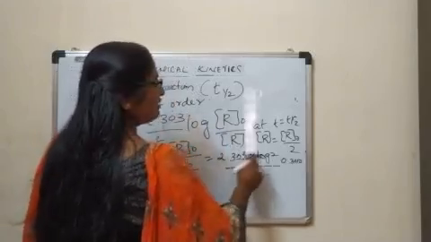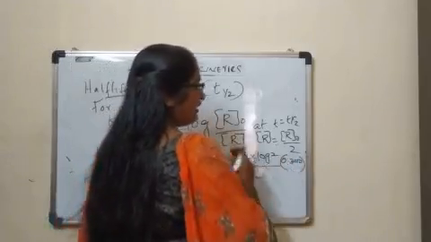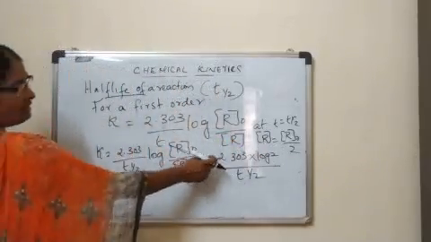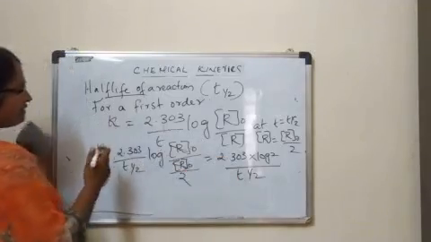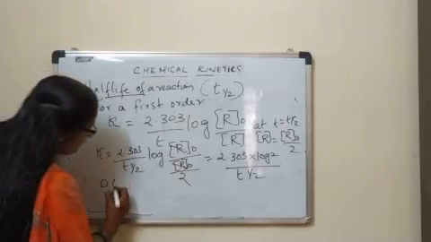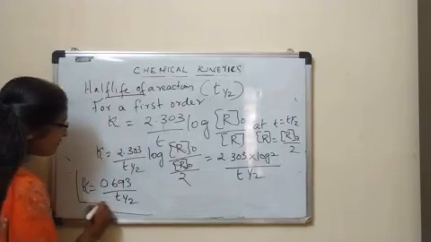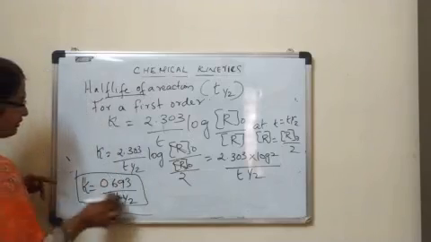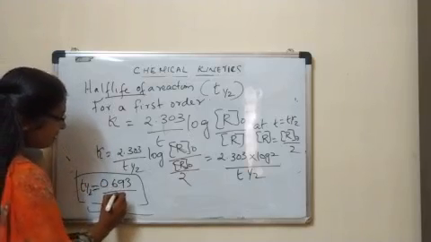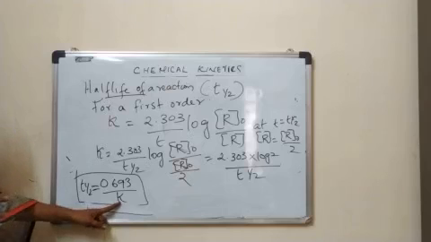So multiplying 2.303 by 0.3010, we will get 0.693. So k is equal to 0.693 by t half, or t half is equal to 0.693 by k. Half-life of a first order reaction can be determined using this equation if we know the rate constant: t half is equal to 0.693 by k.